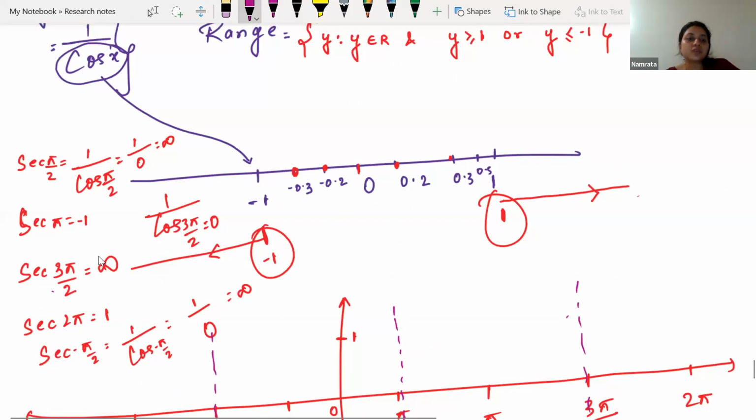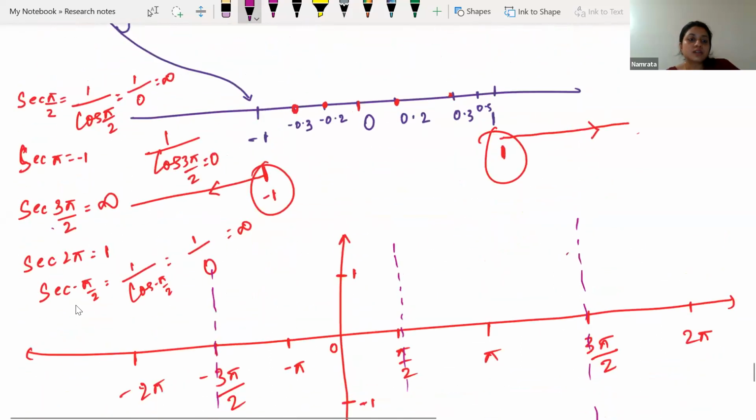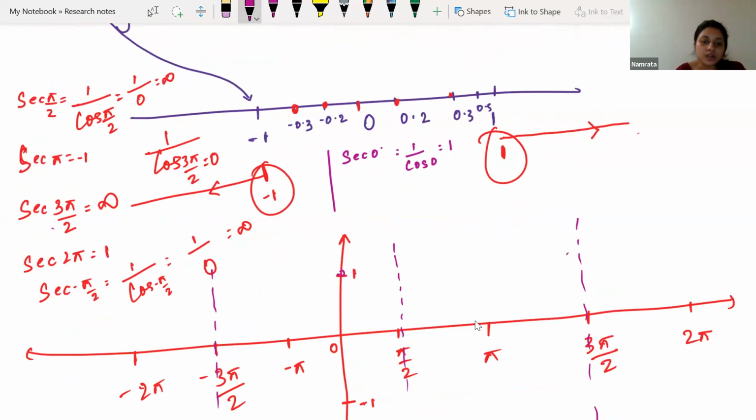Now sec pi by 2 I have drawn. What will be the value of sec 0? It will be 1 by cos 0, and it will be 1. So sec 0 is 1. Okay, from here it is going till infinity, and here also it will be going till infinity.